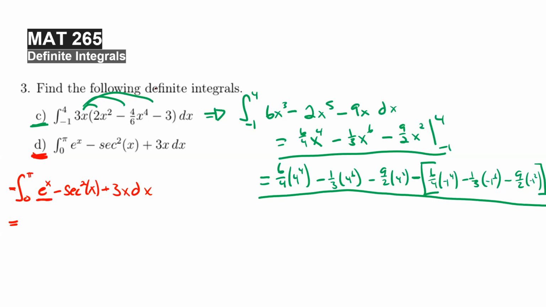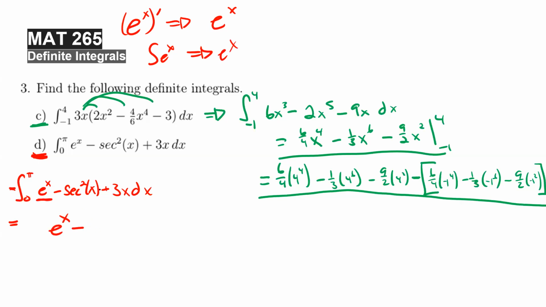For e to the x, if you remember the rule, the derivative of e to the x is just e to the x, and the integral of e to the x is also just e to the x. So don't get too worked up with e to the x.